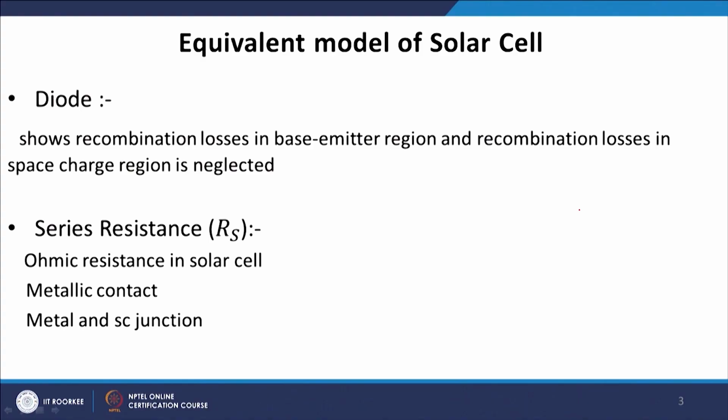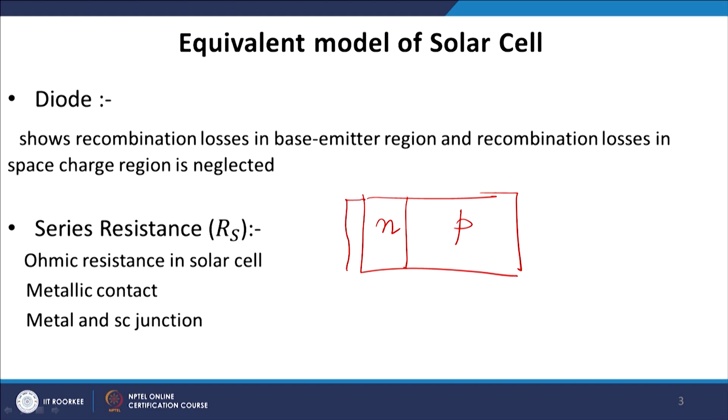But what contributes to the origin of series resistance and shunt resistance? Series resistance is an ohmic resistance in a solar cell. It comes from the metallic contact, or more precisely the metal and semiconductor junction. Let us consider this is our solar cell where the n side is narrow and heavily doped, so that the depletion region extends inside the p region.